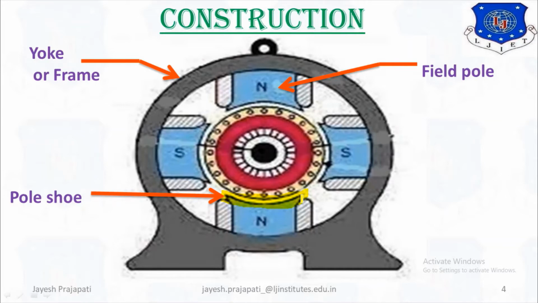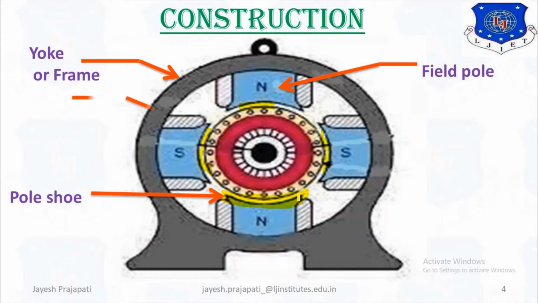This extended part is to provide more flux in the air gap between the armature and field winding. You can see there is an air gap between the pole and the center part, that is the armature. So that is called the air gap. This extended part is to provide more flux in this air gap.